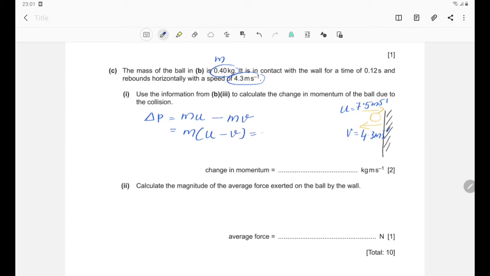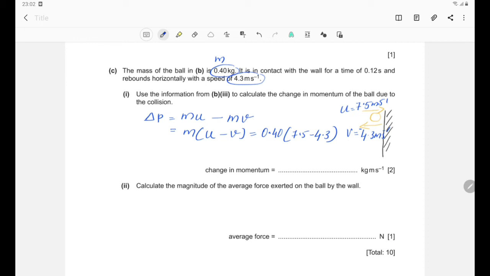You can substitute everything: mass is 0.40 kg. Initial velocity we have calculated in the previous part, and the final velocity, or the velocity after rebounding, is given in this question. So just substitute. But here you have to be careful. The velocity must be negative when it rebounds, because its direction is opposite.